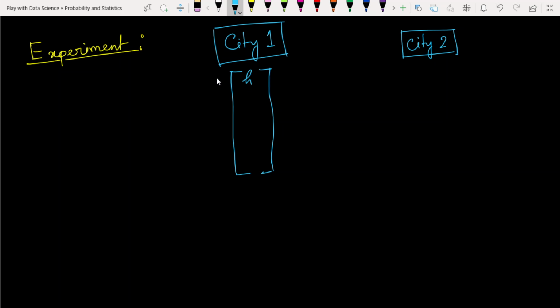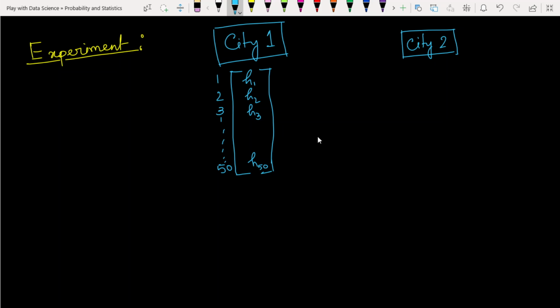Suppose we take those randomly selected 50 people. Let the height of the first person be h1, for the second person h2, for the third person h3, up to the fiftieth person h50.